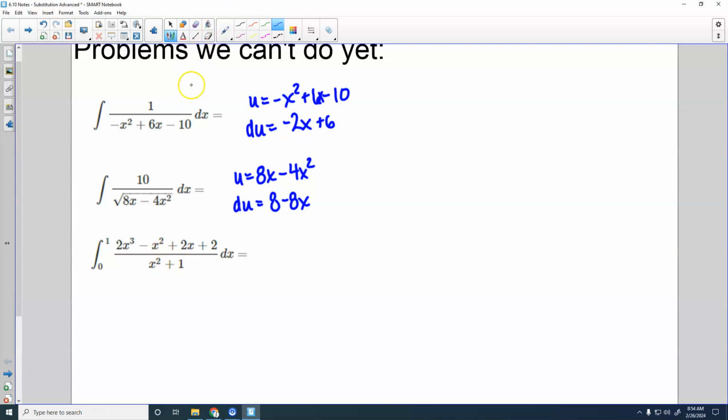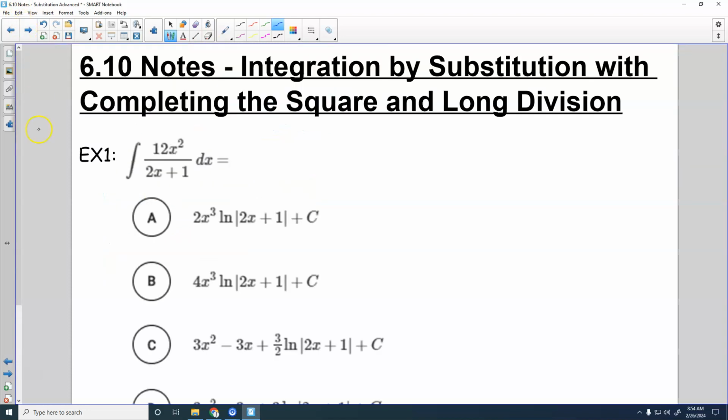So today we're going to look at these 3 types of problems right here and how we can deal with those. The first one that we're going to look at here, we've got 12x squared over 2x plus 1 here.